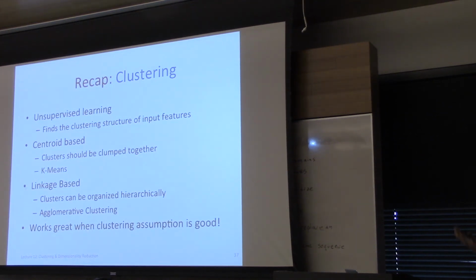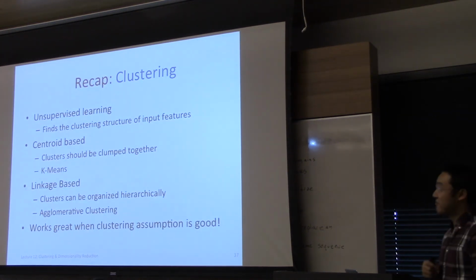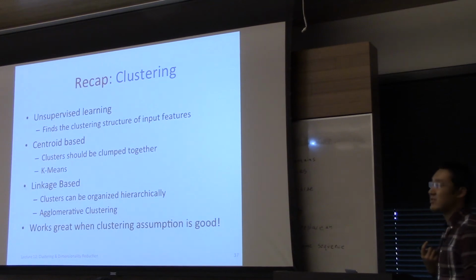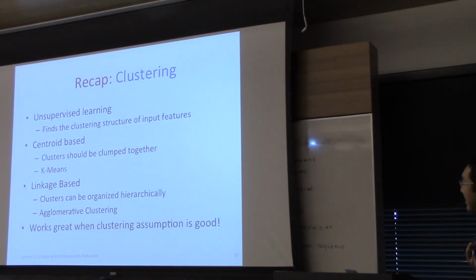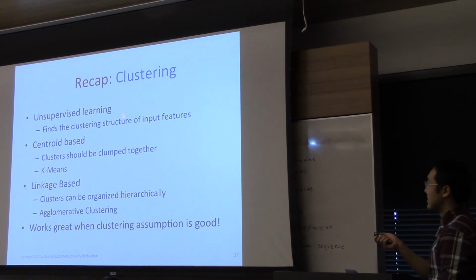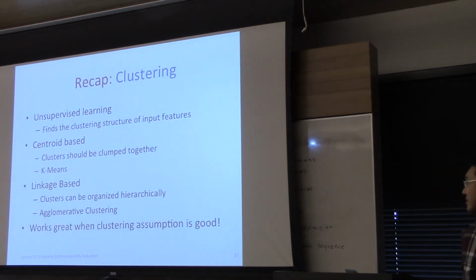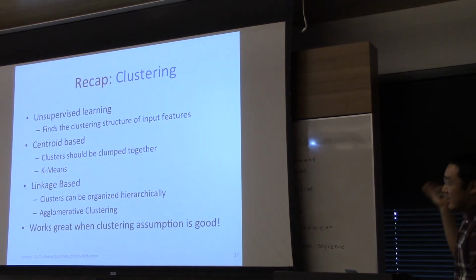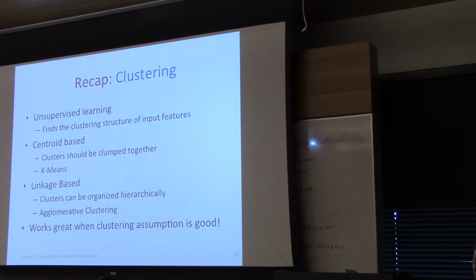Okay, so just to recap on clustering, it's perhaps the quintessential unsupervised learning technique. It posits some sort of clustering structure over the input features, and then it finds a clustering model that obeys whatever structure you posit and best fits the data, right? There are basically two high-level approaches. There are centroid-based approaches, which posit that clusters should contain data points that are clumped together, and these can be solved using k-means.